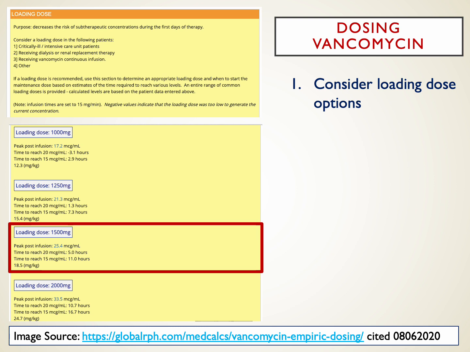I start the next dose, the 750 every 12, at about that point when I reach 15, because he might have a serious infection, pneumonia. If he had cellulitis, then I might consider using a lower loading dose, maybe 1250, and then look at redosing him with a 500 every 12 hours, if the software predicted that.